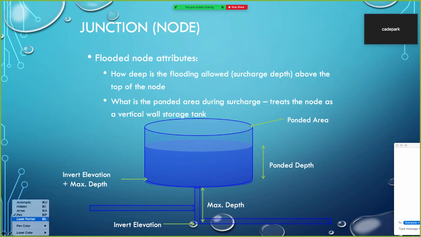Let me get the draw thing working right, and let's do magenta because I just love saying that name. So the ponded depth plus the max depth, which is the height to the top of the node, these are combined in this calculation, and so that's the computed water depth of the node, and then whatever this area is multiplied by that depth is the volume in storage.